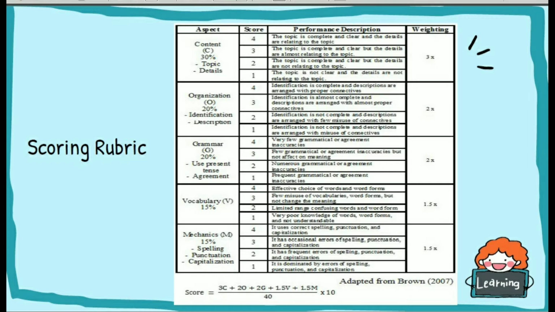And for score 2, the topic is complete and clear, but the details are not relating to the topic. And the last, score 1, the topic is not clear and the details are not relating to the topic.